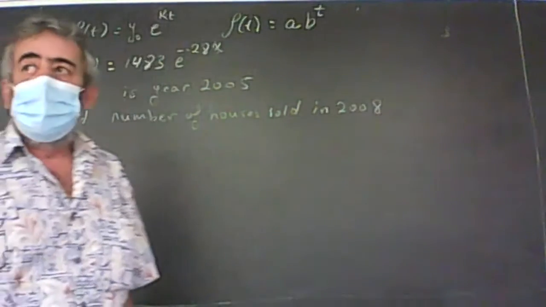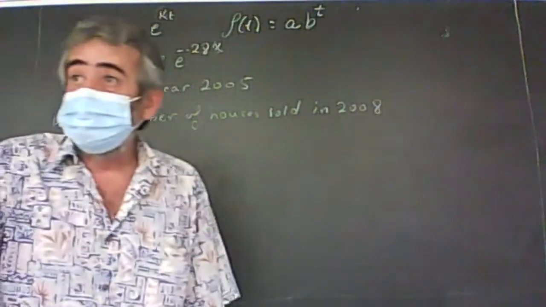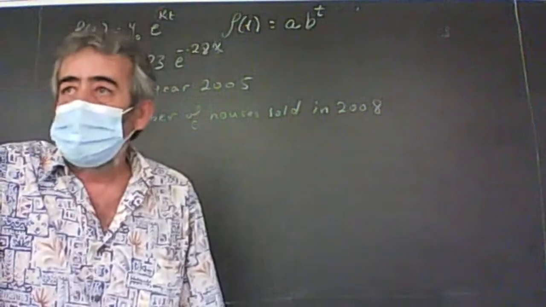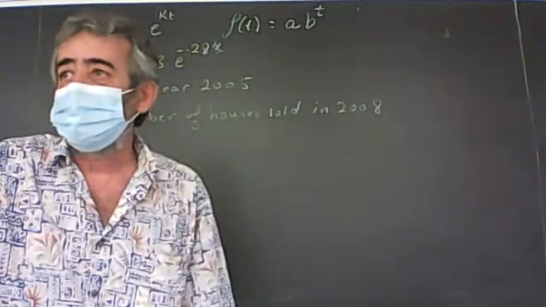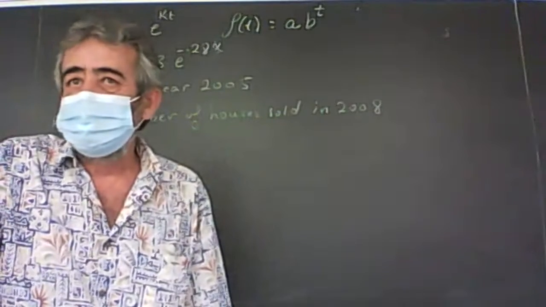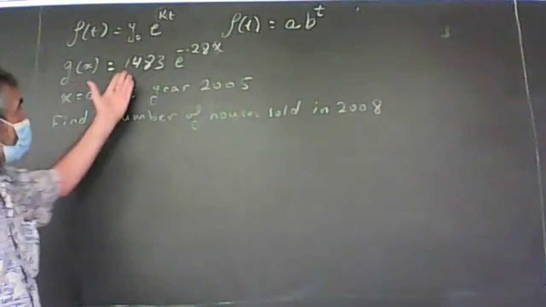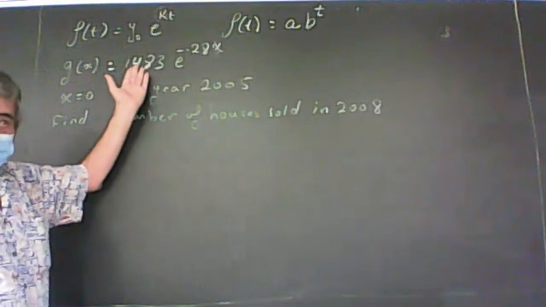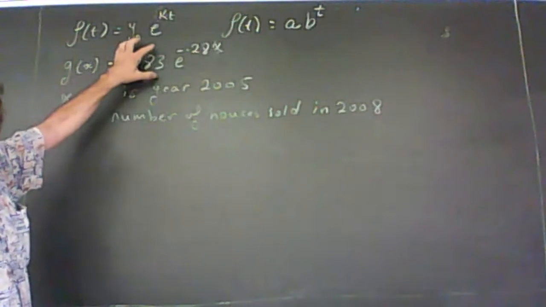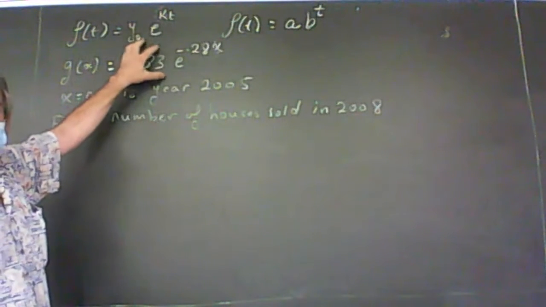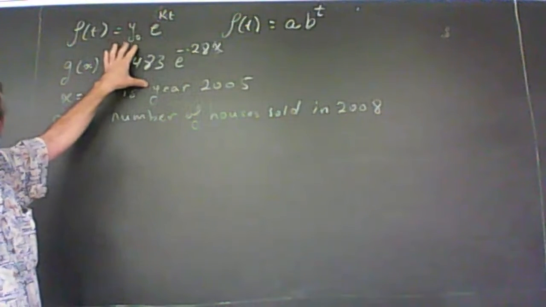Okay, question here. How many houses were sold in 2005? I didn't say what year. I said how many houses were sold in 2005. 1,483, right? Remember, this value is always the initial value at time equals 0 or x equals 0 or whatever variable equals 0.